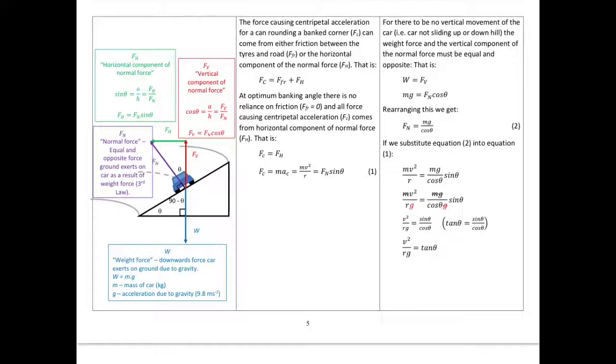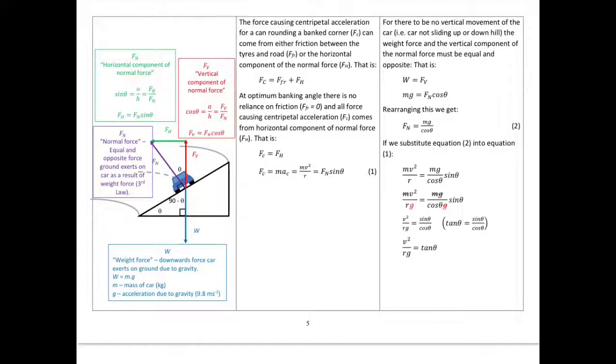So if we substitute, the weight force is mass times acceleration due to gravity, so mg is equal to the vertical component of the normal force, which we showed how we work out over here, Fn cos theta. We can rearrange that and we get that the normal force is equal to mass times gravity divided by cos theta.